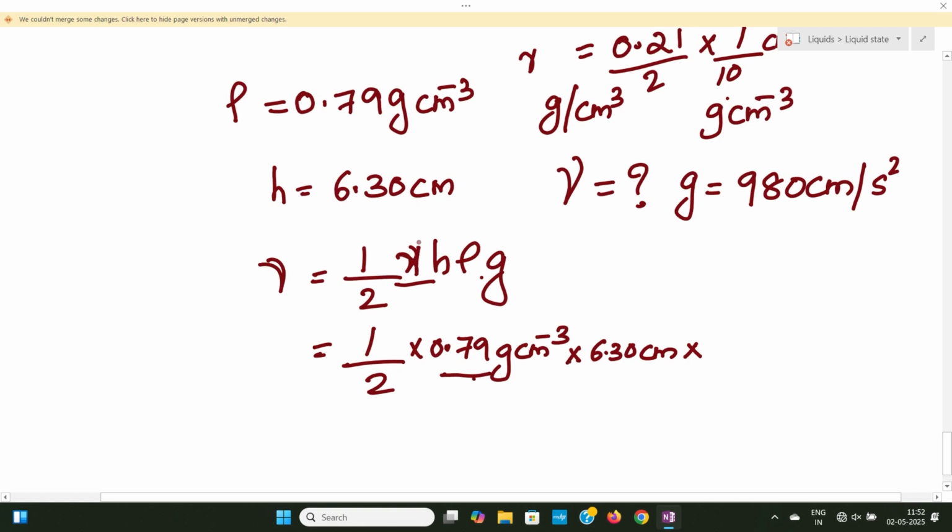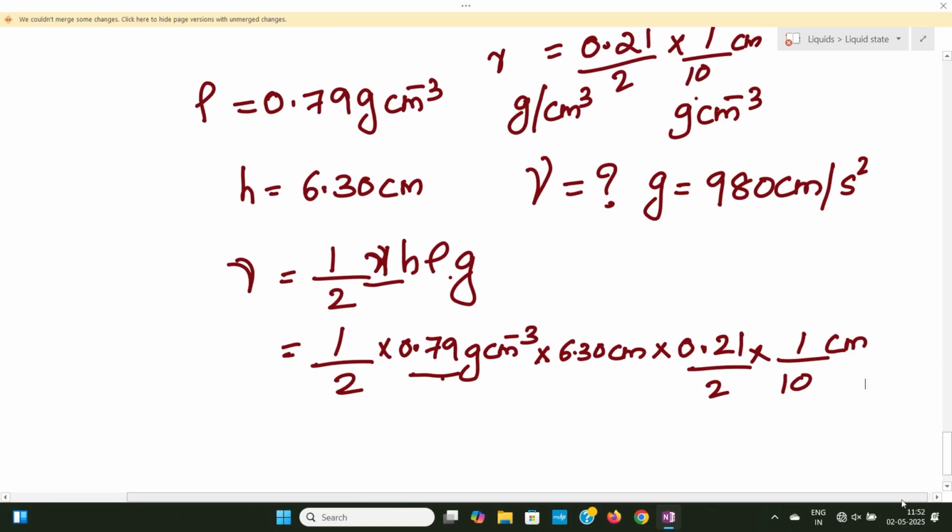Here R is 0.21 by 2 into 1 by 10 centimeter. Then G also is there. This G is 980 centimeter per second square.